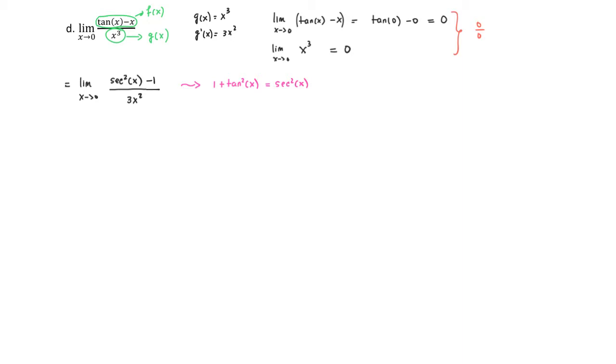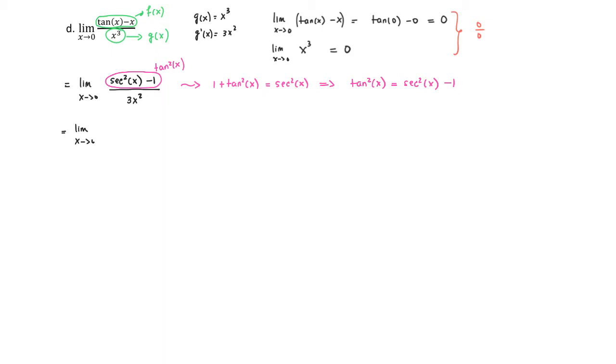If I now subtract 1 and bring that to the other side, that means that tangent squared x is equal to secant squared x minus 1. That is telling me that this entire expression can be replaced with tangent squared x if I want to. In fact, this is exactly what I'm going to do next.